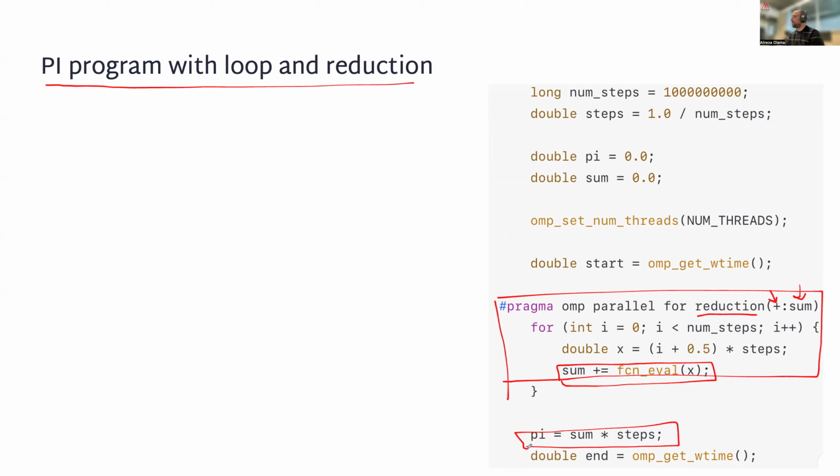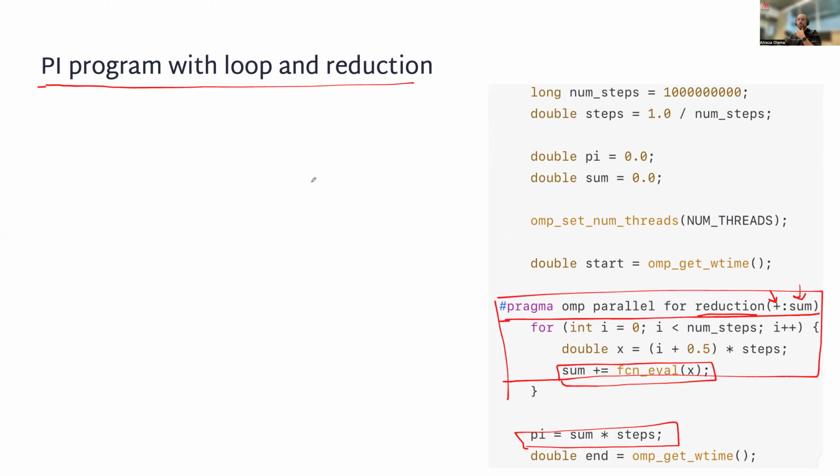This is one of the most optimal programs that we could write for this pi computation. Here we don't have this false sharing. We don't need to control the loop ourselves. We don't need to control the starting point and the ending point of the threads ourselves. Everything is done automatically. You just need to use this pragma omp parallel for reduction.